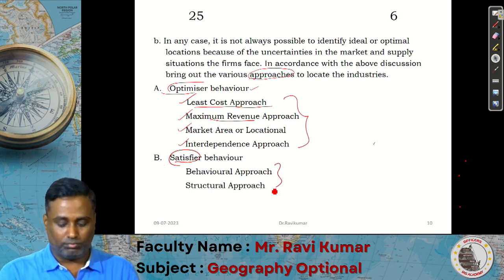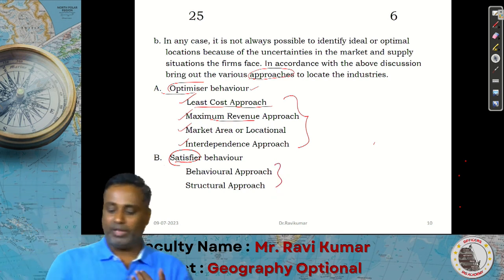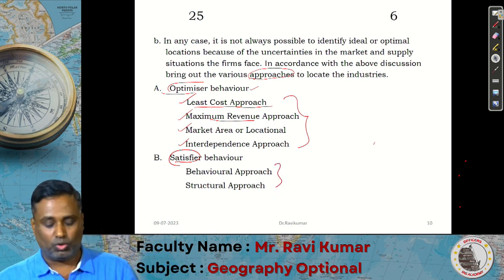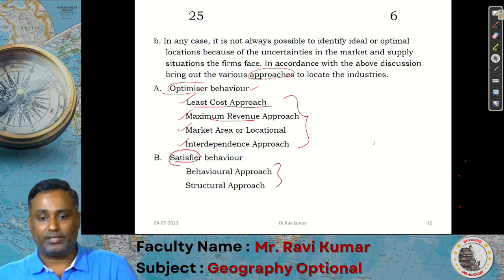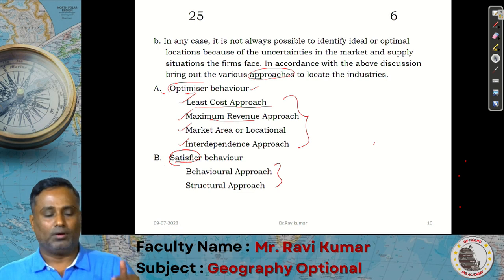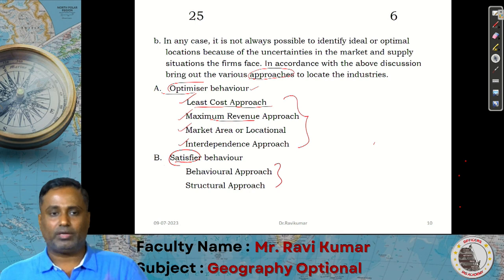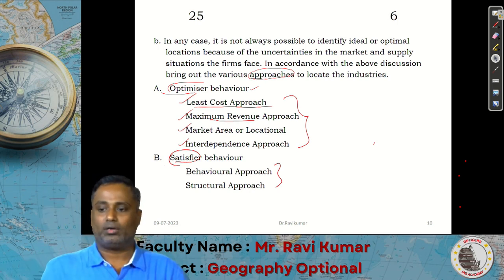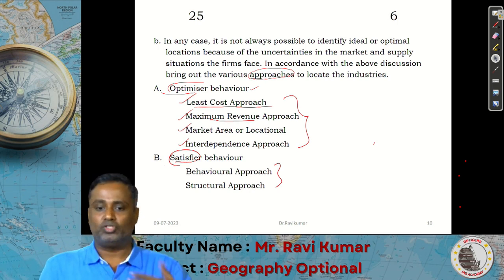And these two, behavioral approach and structural approach, always give a satisfaction model. The behavior decides. For example, in India, we cannot start a tobacco industry in Punjab. Why?